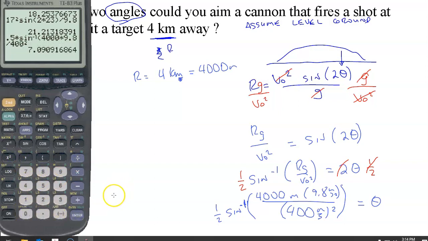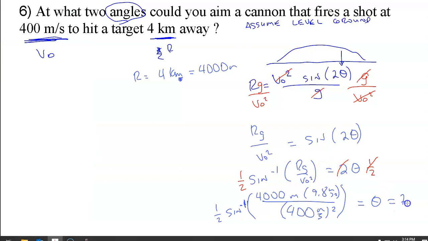And that would be 7.1, let's say. Okay, so that's one of my answers. I could aim this cannon up at 7.1 degrees, and I would hit the target over here 4,000 meters away. So good for us.